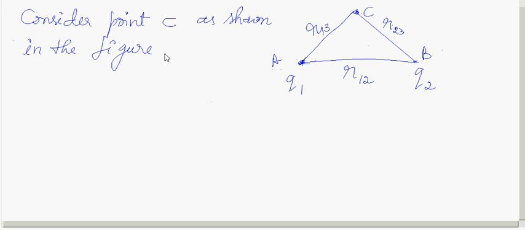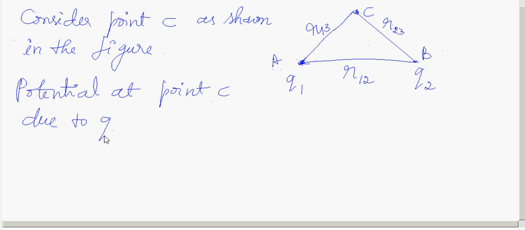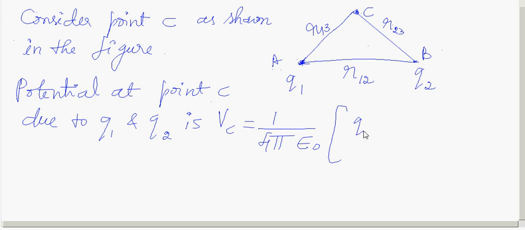Now the electric potential at point C due to q1 and q2 is V_C equal to 1 by 4 pi epsilon naught into q1 by R13 plus q2 by R23.